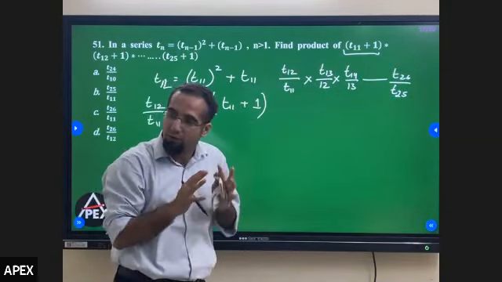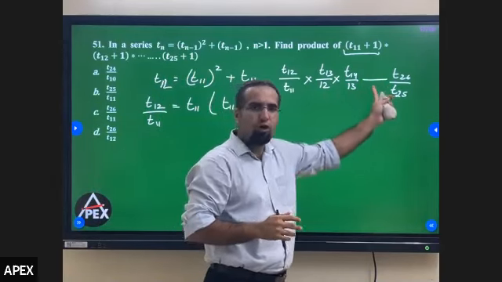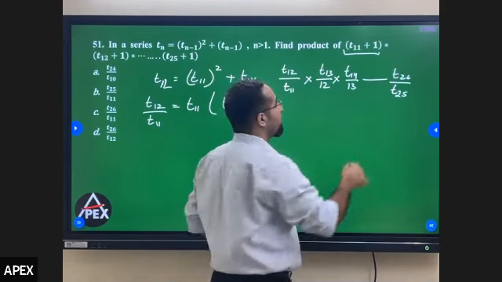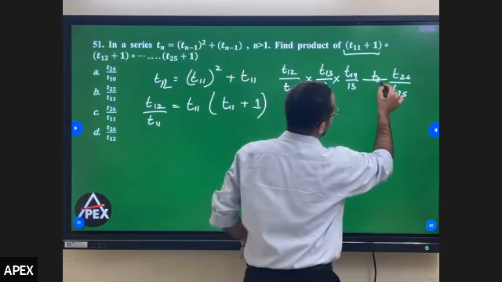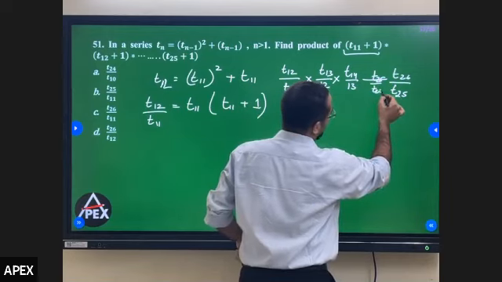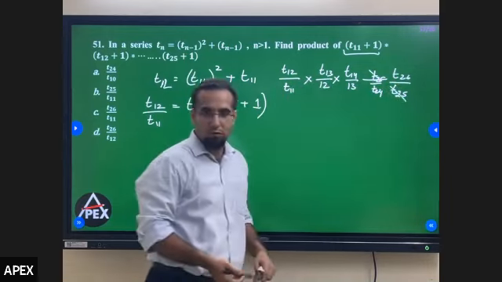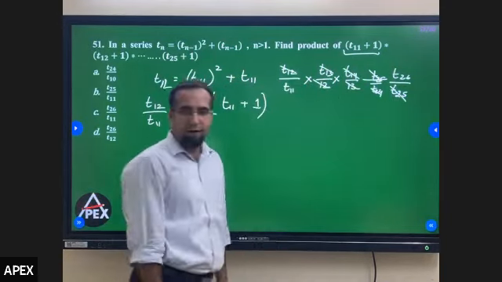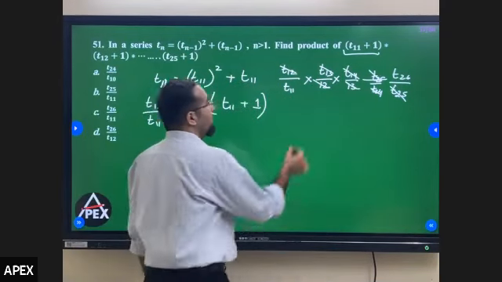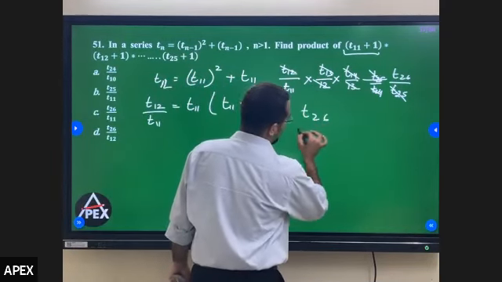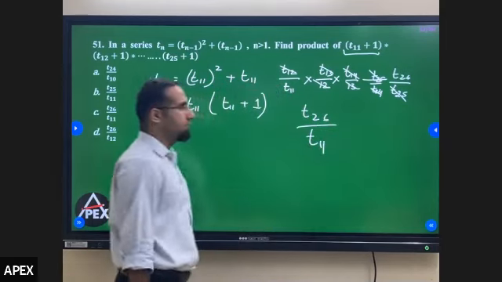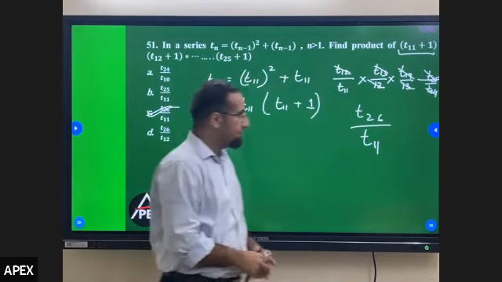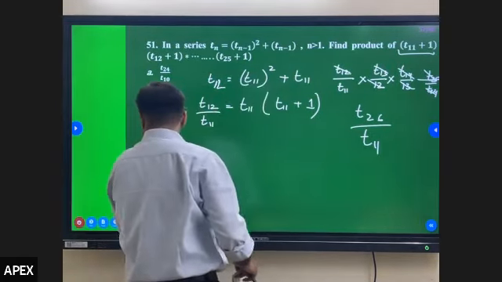Which one is getting cancelled, the denominator or the numerator? What will T of 24 be? That is T of 25 by T of 24. So if you're seeing this getting cancelled, all the previous terms will get cancelled like this. The only thing that will be left is T of 26 divided by T of 11. So finally, Option C becomes your correct answer. Clear?